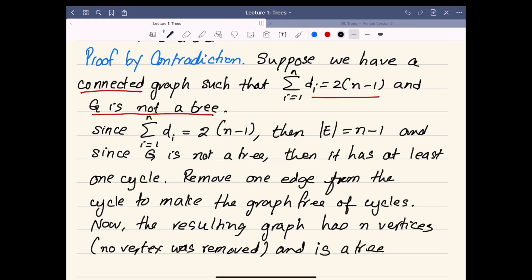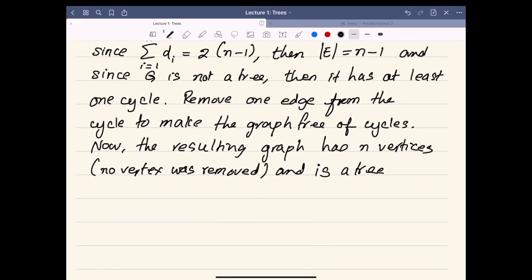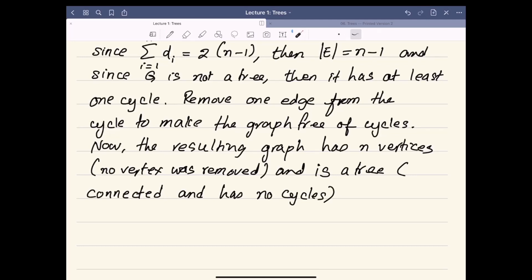And why it is a tree? Because it is connected and it does not have any cycle, so we will write between brackets connected and has no cycles. So let us read the statement from the beginning. Now, the resulting graph has n vertices, no vertex was removed, and is a tree, connected and has no cycle. Then it has n minus 1 edges. And this is from here.